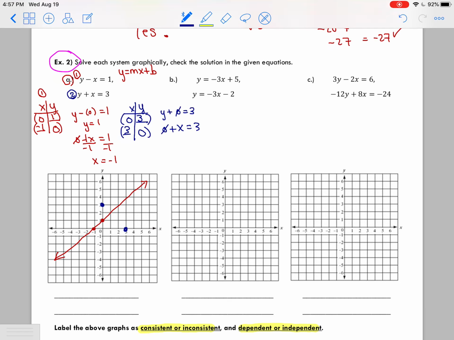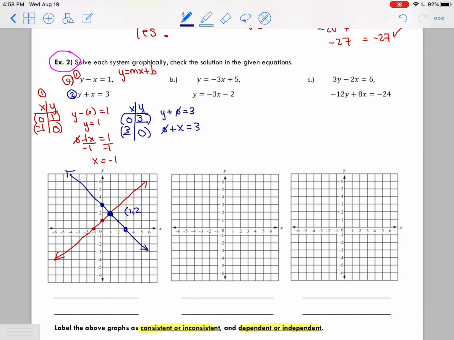And I'm going to just go 1, 2, 3. I want to make sure that I'm going through the lines as I should, since I don't have my straight edge on my iPad. All right, so looks to be the solution right here. And remember that we write our solutions as an ordered pair.